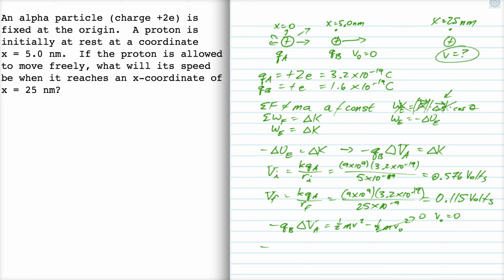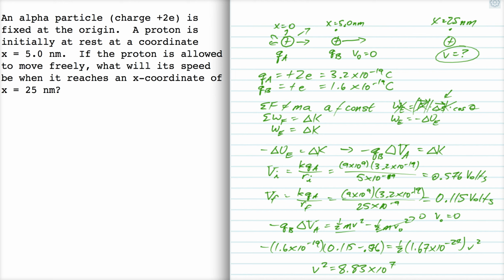And I get minus 1.6, there's QB, and then delta V, that's going to be VF minus VI. That's going to equal the change in kinetic energy, which equals the final kinetic energy. Now, the mass of a proton you can look up on your formula sheet is 1.67 times 10 to the minus 27 kilograms. So that gives me v squared is 8.83 times 10 to the 7th.